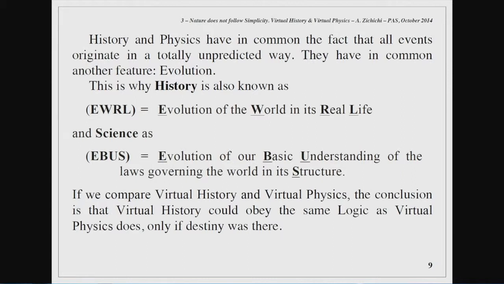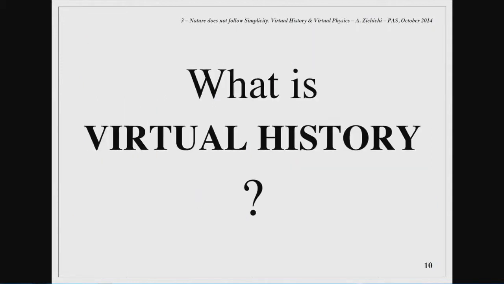This is why history is also known as EWRL, evolution of the world in its real life. And science is evolution of our basic understanding of the laws governing the world in its structure. If we compare visual history and visual physics, the conclusion is that visual history would obey the same logic as visual physics does, only if destiny was there. This is the most exact definition of destiny.